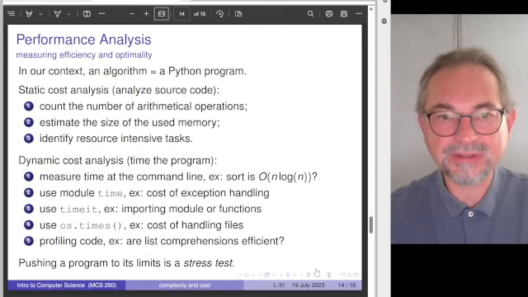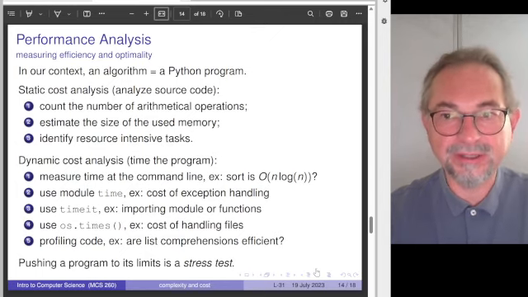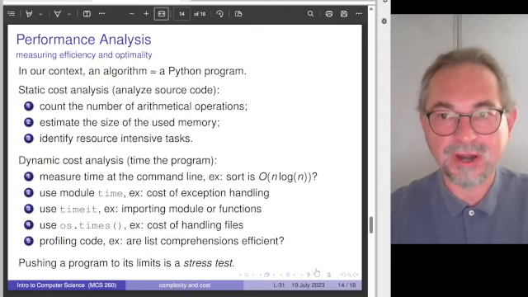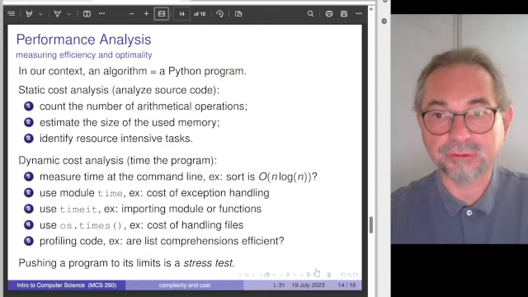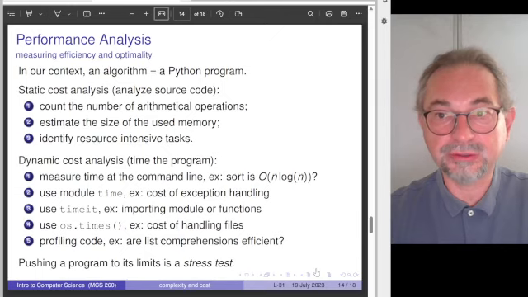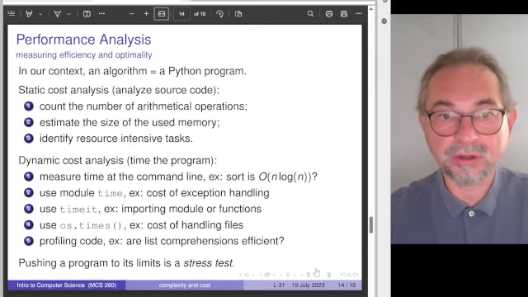We will not do this, but as a programmer, you should definitely be able to recognize nested loops. Two of them, one loop inside the other, is an indication of a quadratic cost. Three loops nested into each other is an indication of cubic cost. So if you see functions like that, they may be the bottleneck.